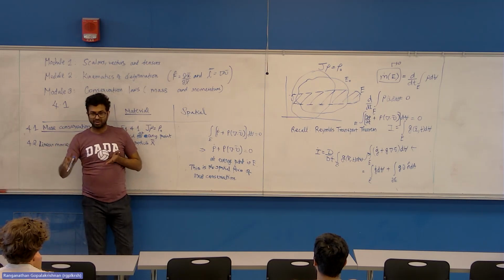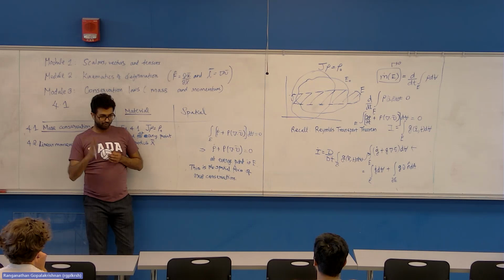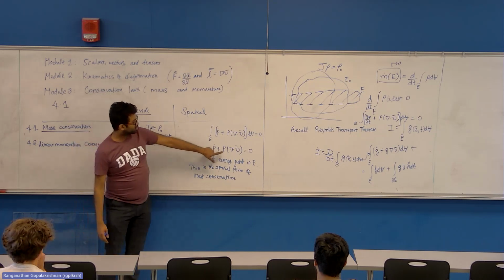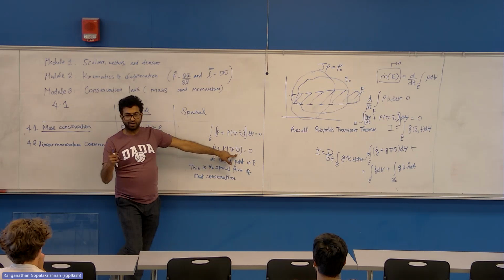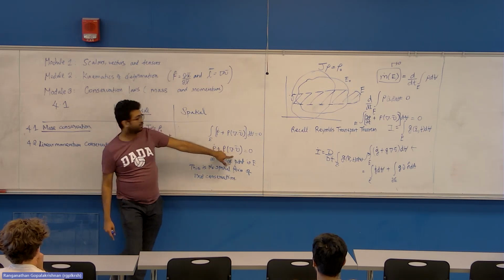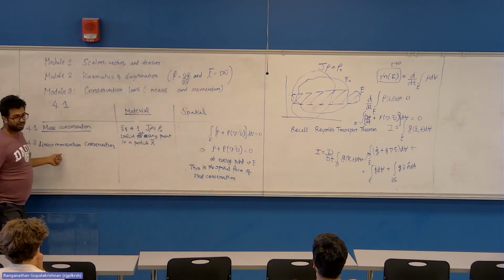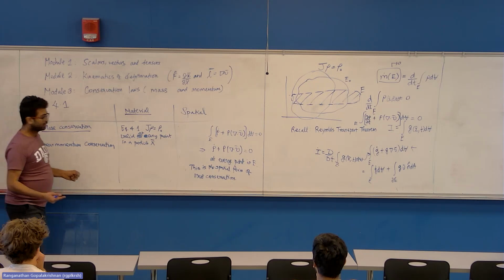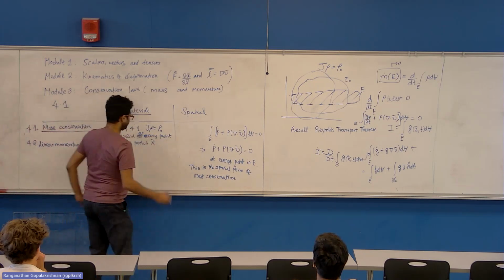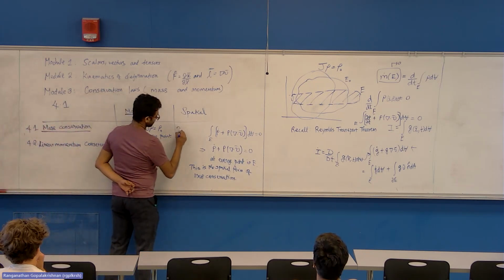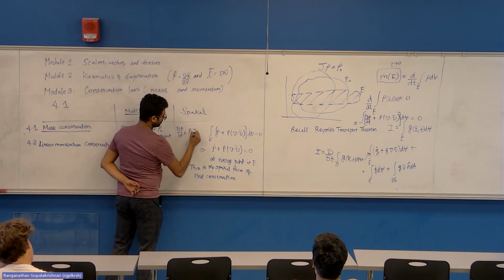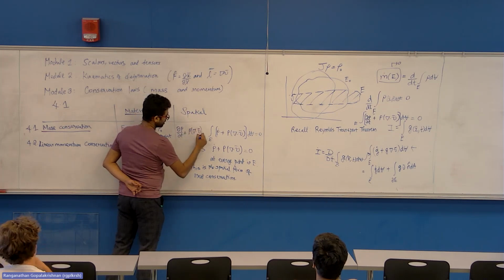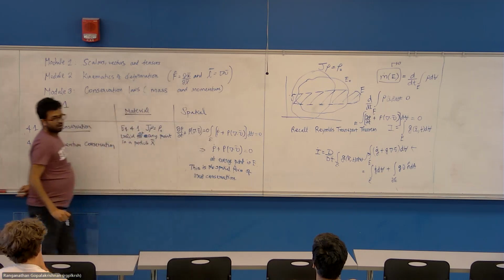In practice, you can't solve this without knowledge of what v is. So at least you need one more equation to solve this problem, which comes from momentum conservation. We are going to see that. So at least in the spatial form, the equation is partial rho over partial t plus rho divergence of v equal to 0.